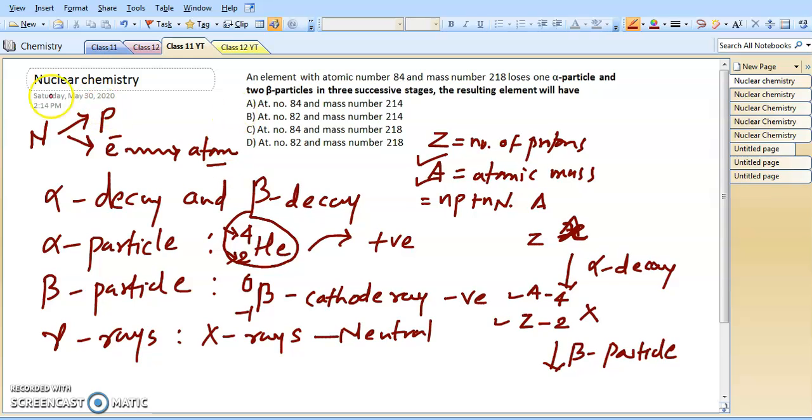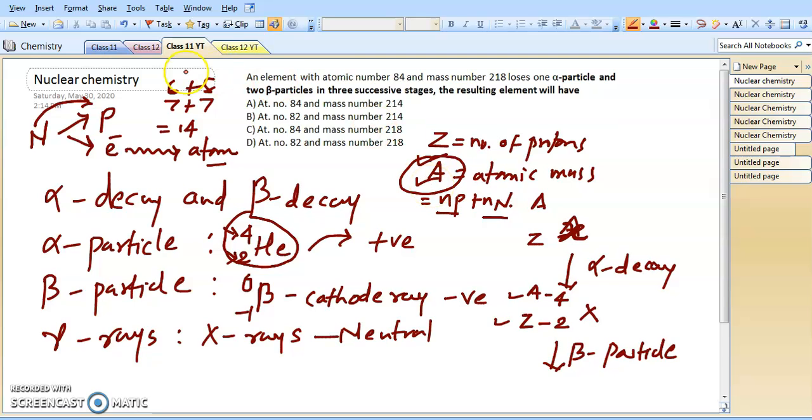That means when a neutron converts into a proton, A remains as it is, because A is the number of protons plus the number of neutrons. Suppose 7 protons and 7 neutrons are there, so total mass will be 14. When one neutron converts into a proton, it will be 8 plus 6, again 14. So mass never changes during beta decay.